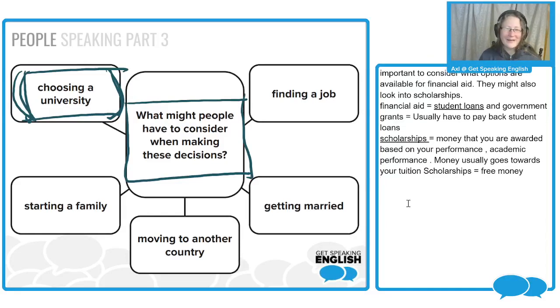So if you have any other ideas, feel free to throw them out in the chat. Another thing people might think about maybe is student life, maybe the campus culture. So if we're talking about campus culture, it's things for students to do basically.